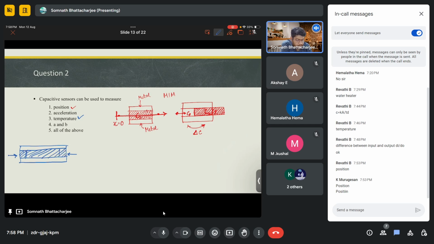It can be like this after some time, so there will be this space remaining, and there will be a reduction in C as well. So with this change in C we can measure temperature. What about acceleration? Can we measure acceleration with capacitive sensors?